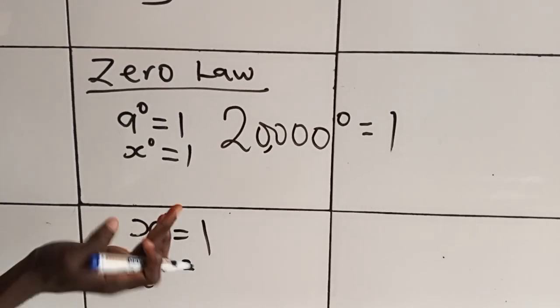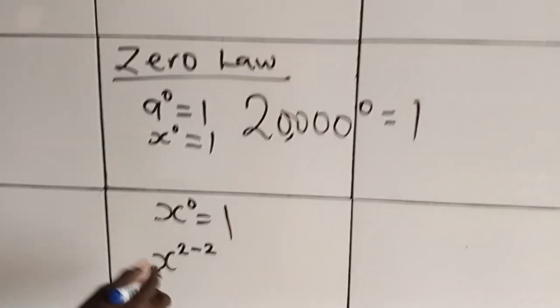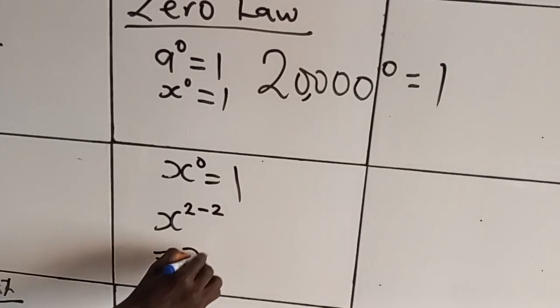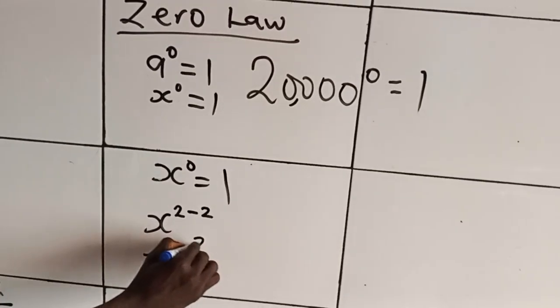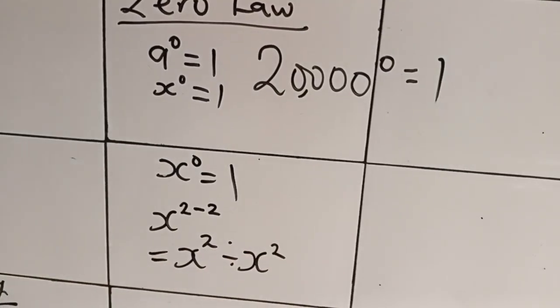So from the division law, we are meant to understand that this can also be equal to x raised to the power of 2 divided by x raised to the power of 2.